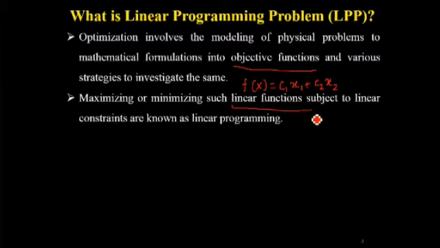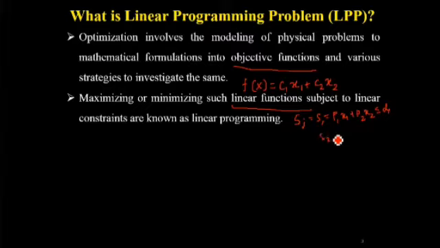Now what about constraints? I can write the constraints as s_j, j = 1, 2, 3. Depending on the problem, there are a number of constraints. Let the first constraint s1 be p1 x1 plus p2 x2 less than or equal to the value d1.